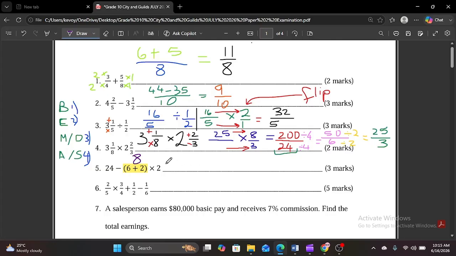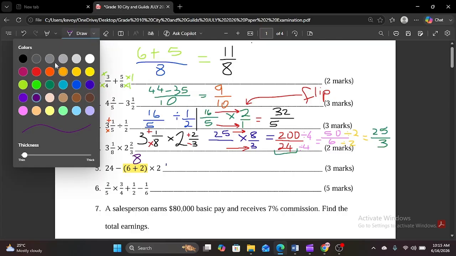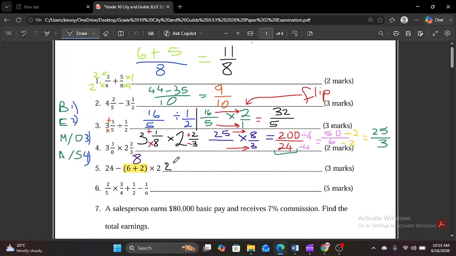So you're going to have your 24. So let's write it all right there. So that's 24 minus 8 times 2. As I said before, you multiply before you subtract. So we work this first, that's the 8 times 2.